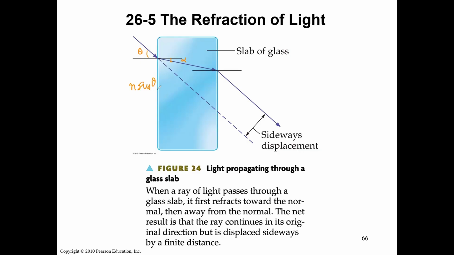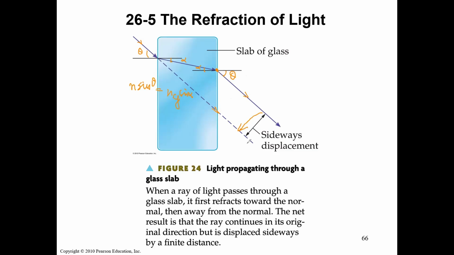Okay, so n sine theta is n glass sine alpha, right? And then you will make another angle of incidence alpha at another interface between glass and air, and then you will recover the angle theta because n sine theta is a constant. Okay, so it looks like the incoming ray and outcoming ray are actually parallel, but it looks like it's shifted by a displacement.